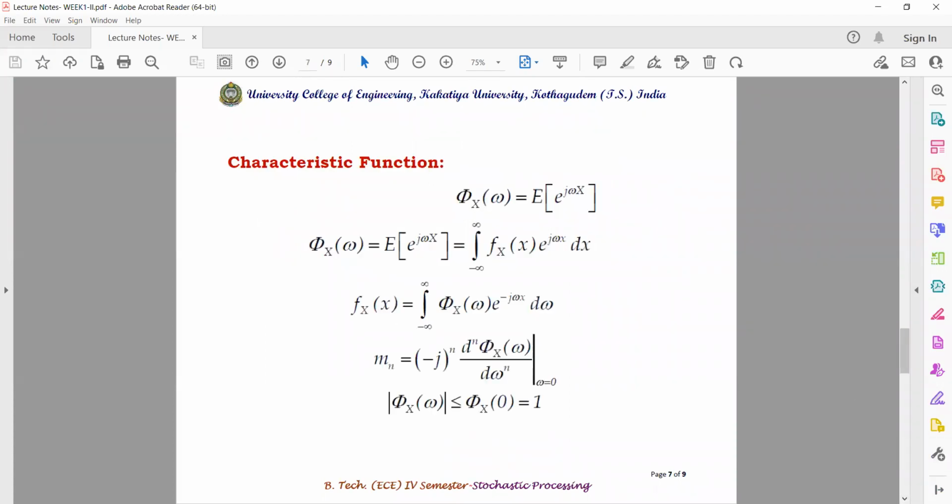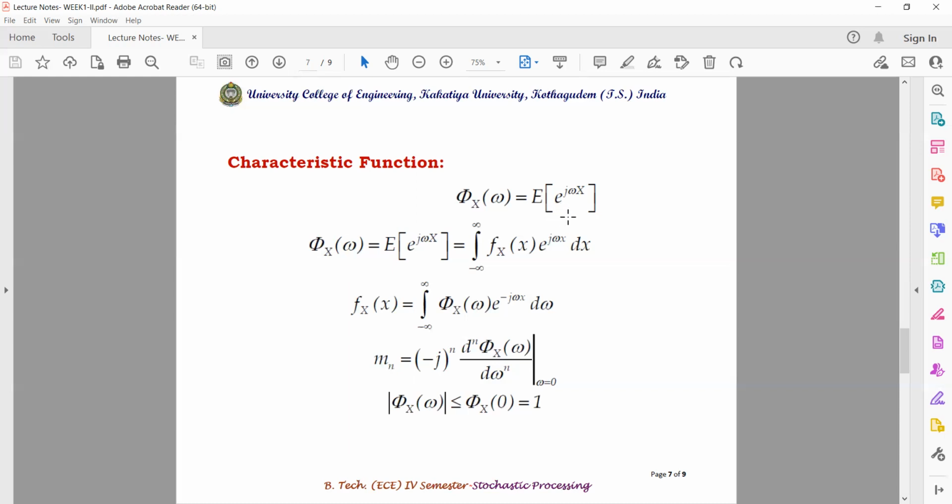The next parameter is generally called moment generating functions. From those functions, we can generate the moments about origin. In this, the first one is the characteristic function, denoted as phi x of omega, which is equal to expectation of e power j omega x.